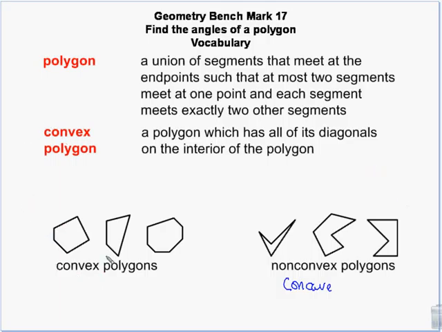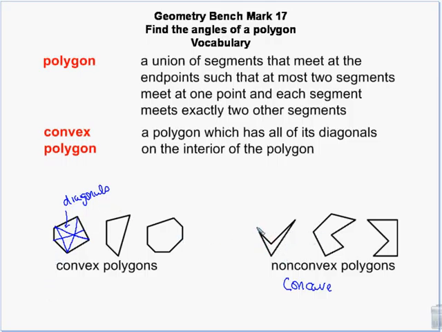And convex polygons are like this, and the diagonals go through them. So these lines here are diagonals. And as you can see, the diagonals are all on the inside. Diagonals go from one vertex to another. That's another diagonal.